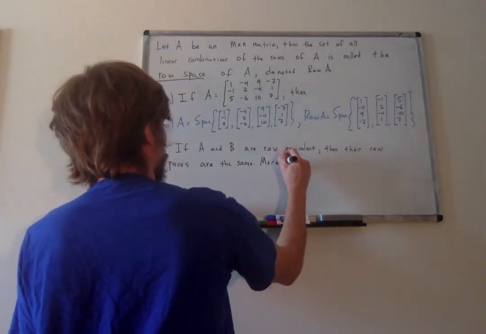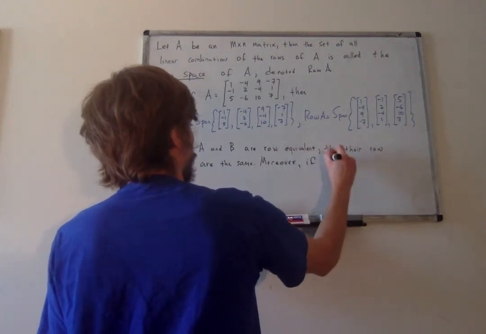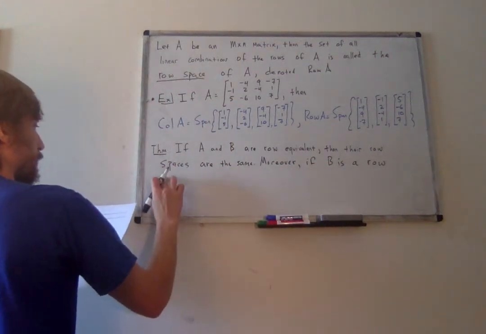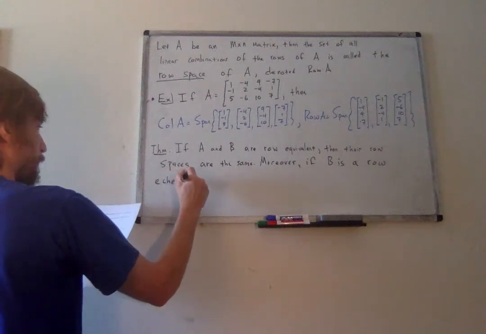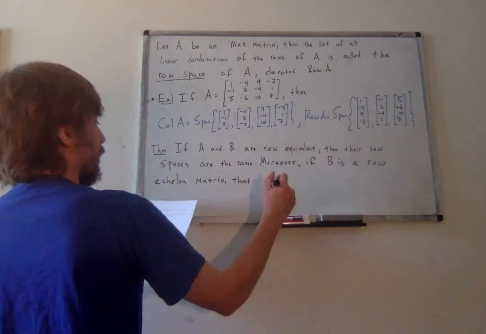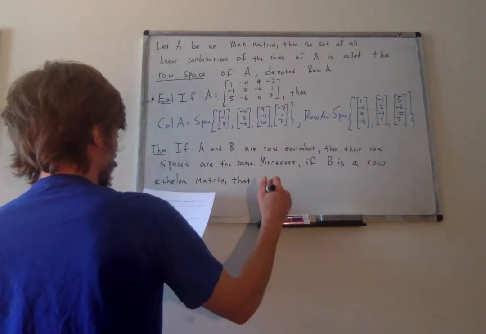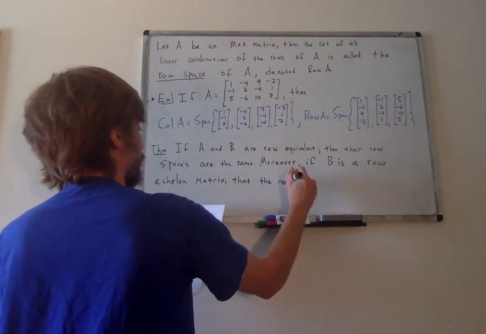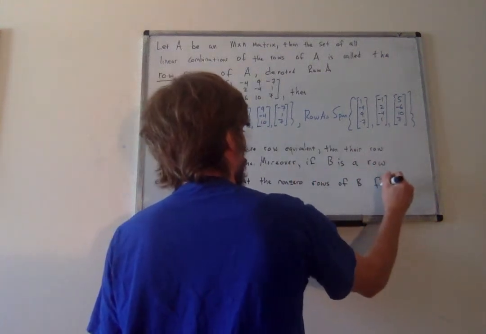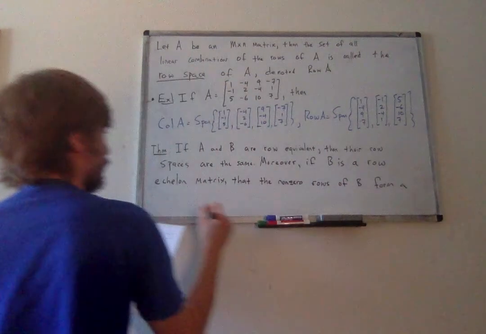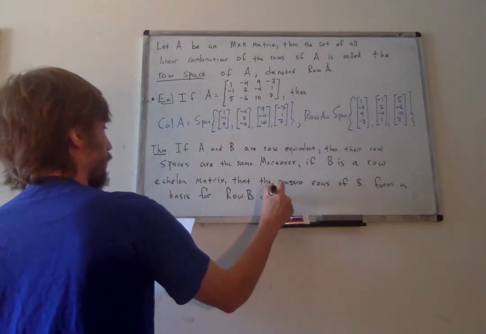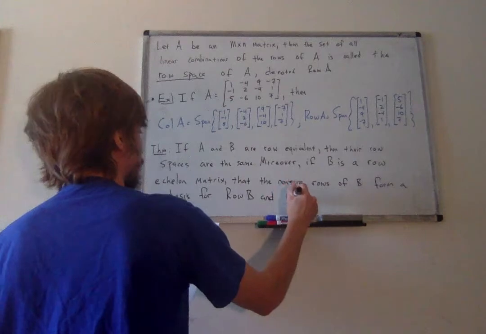And we also know that if B is a row echelon matrix, the non-zero rows of B form a basis for the row space of B and the row space of A, excuse me.